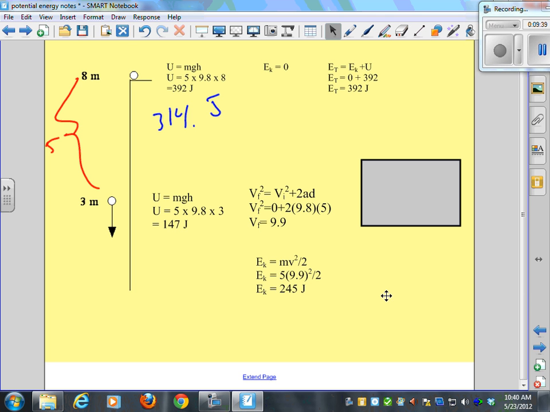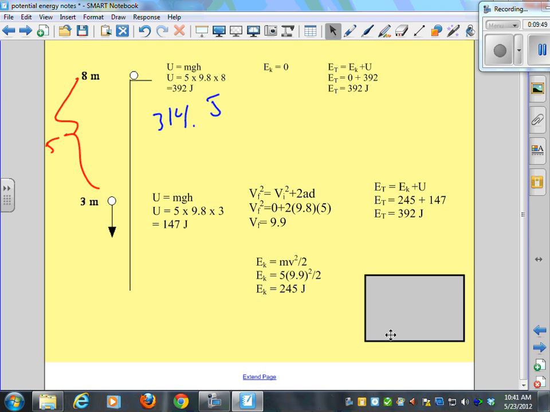245 joules of kinetic. Now, if I were to add those two together, which I'm likely to do underneath that gray box, what number should I get? Well, you just add them together. What do you know? 392. How come? Because energy must be conserved.